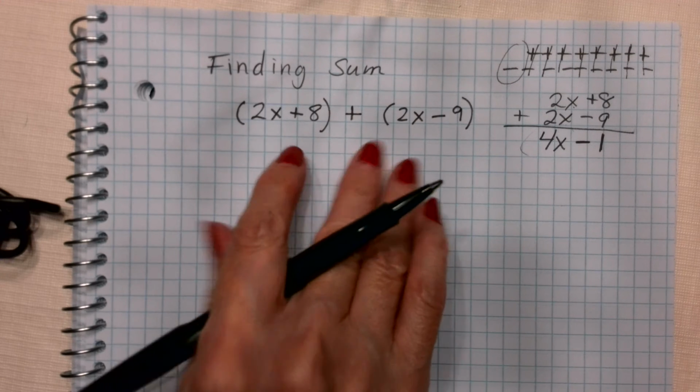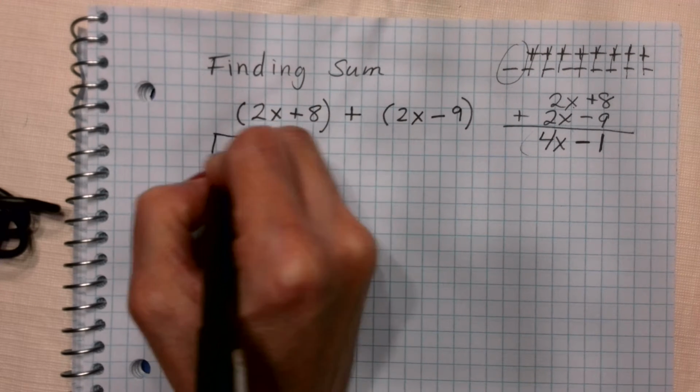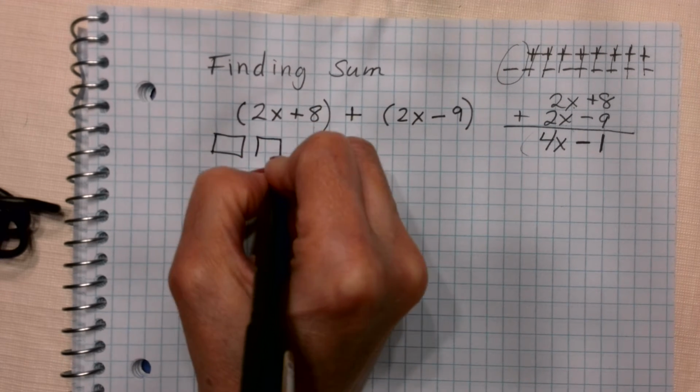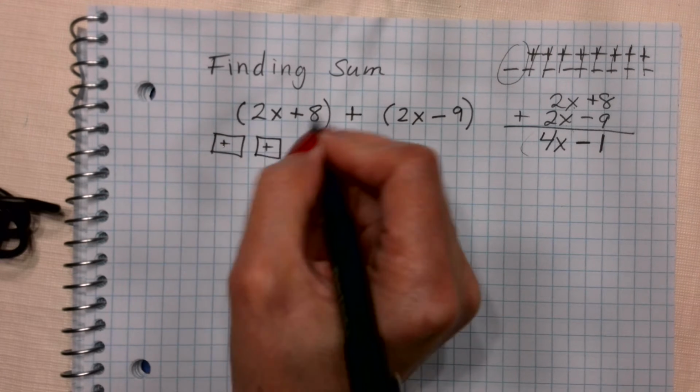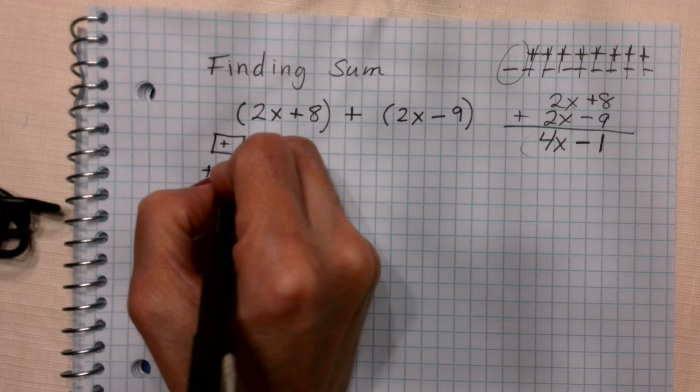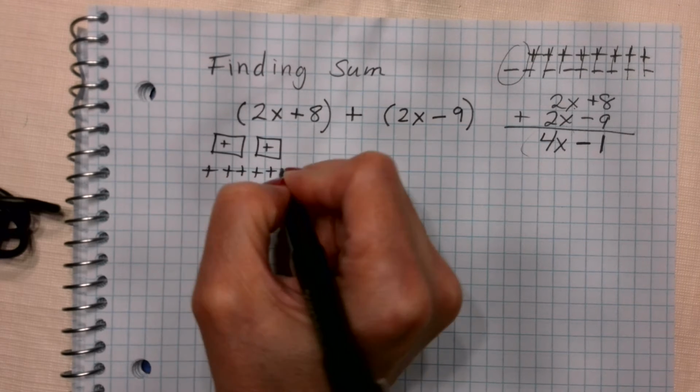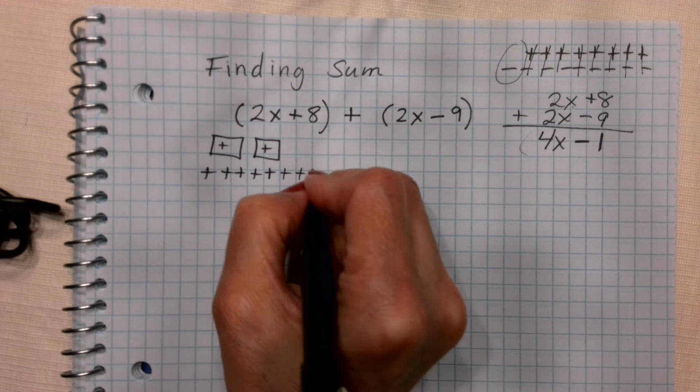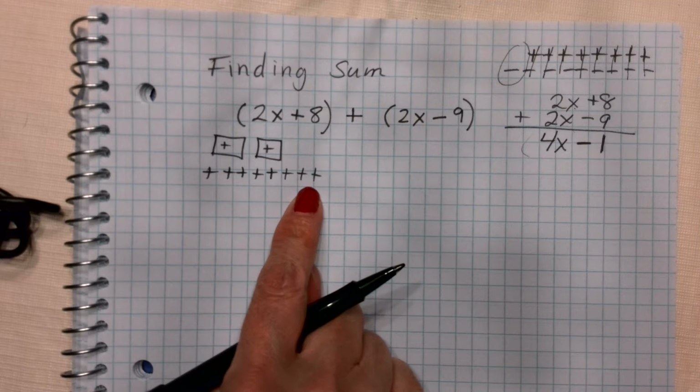What this looks like as tiles is 2 large positive tiles, and then this is 1, 2, 3, 4, 5, 6, 7, 8 little tiles that are positive.